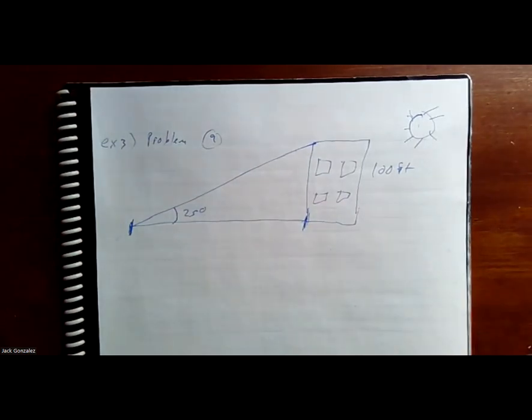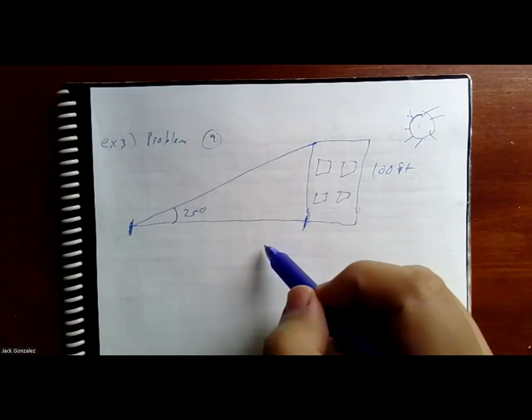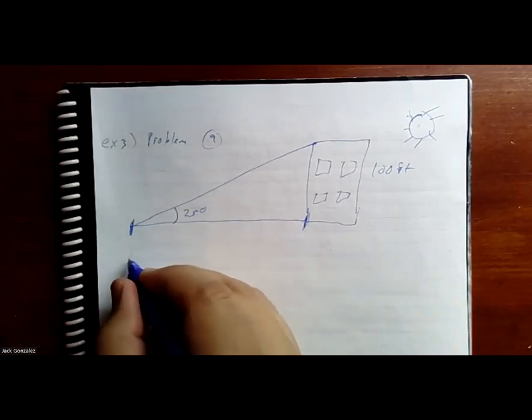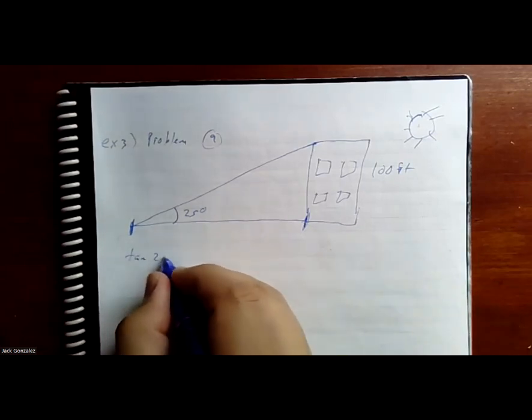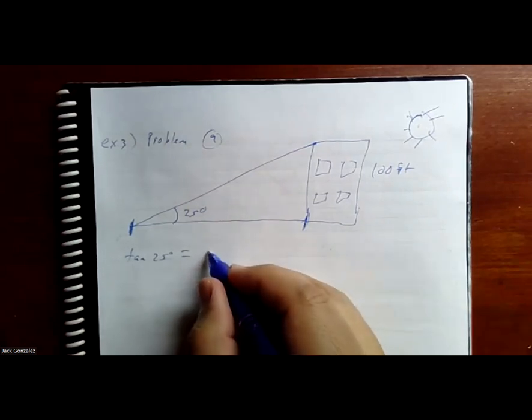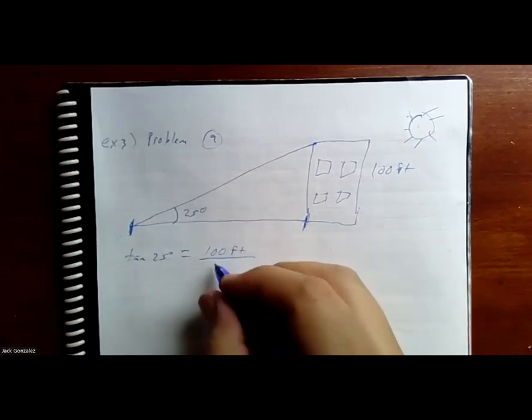So again, which trig function should we choose to solve this missing side? Yeah, for sure. We want to do tan 25 because we don't have a hypotenuse, so we got opposite over adjacent.